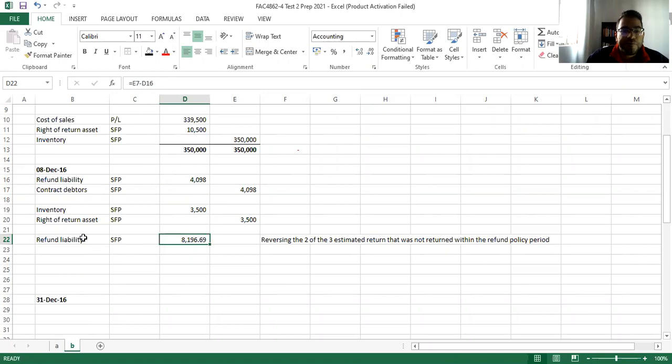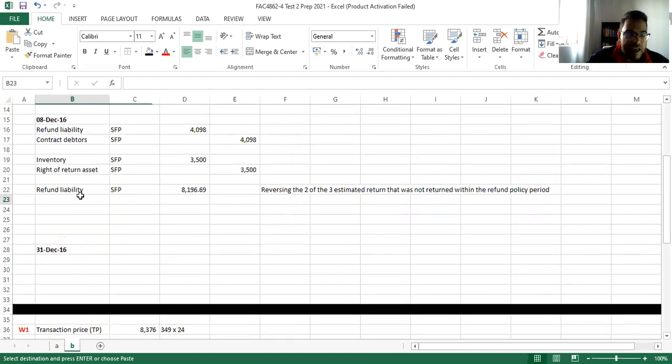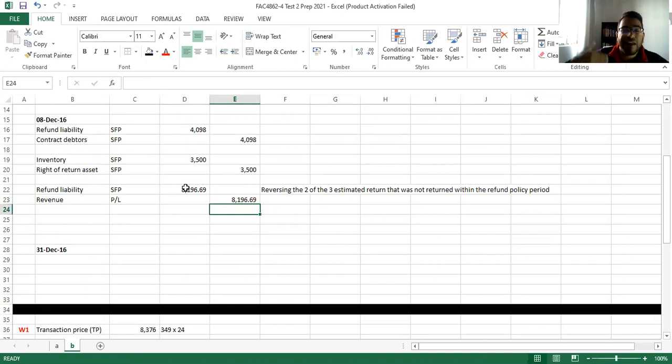Because we're not going to be refunding those computers, we have now actually earned the revenue. So now we can recognize the revenue after the refund policy has come to an end. By recognizing this transaction, revenue is now recognized for 99 computers.